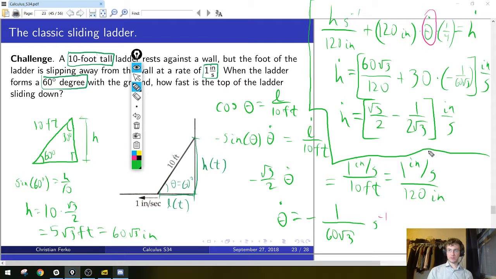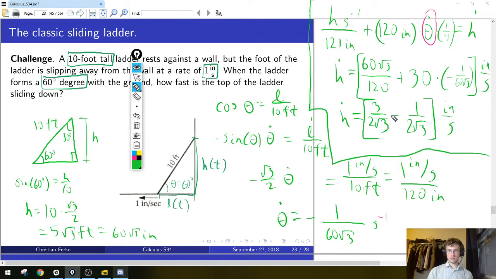How do I simplify this now? Well, I could get a common denominator, multiply the first factor by root 3 top and bottom, which would give 3 over 2 root 3 inches per second.